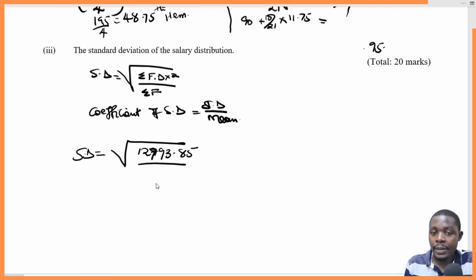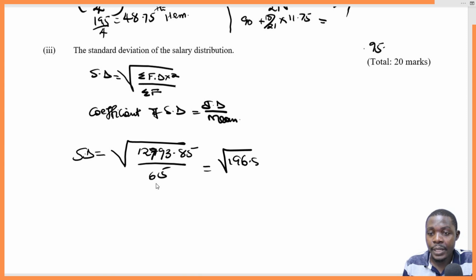We divide by 65, then we get the square root of 196.828. The square root of that gives the standard deviation, which is 14.03.